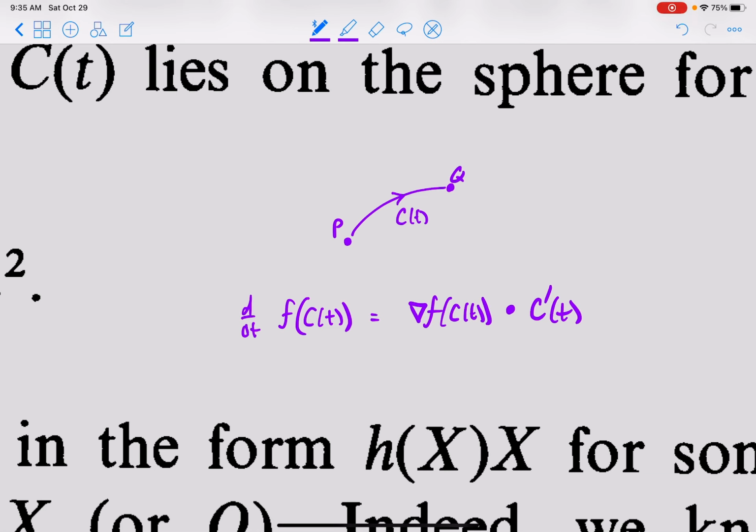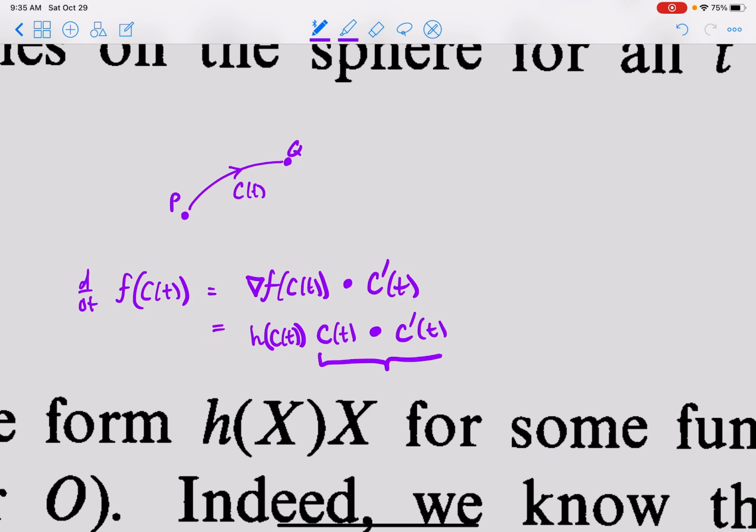And this gradient here is equal to, by our assumption, some function of c of t, this is now just some number that we don't really know nor care about, times the vector c of t, dot product c prime of t. But we've shown before that if you're on a sphere, then this is always 0.